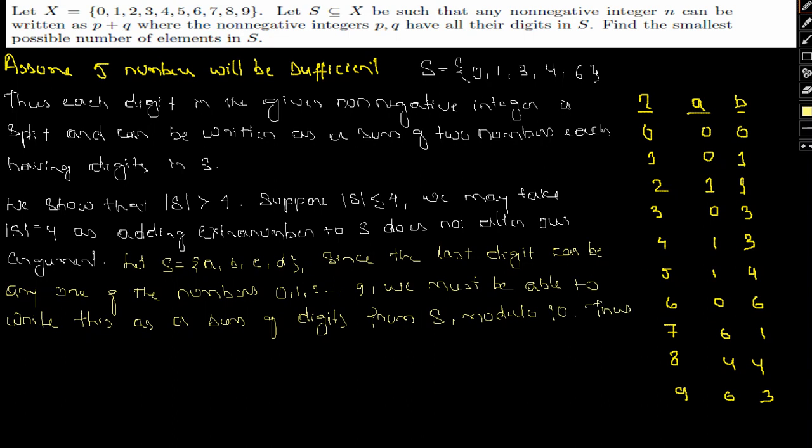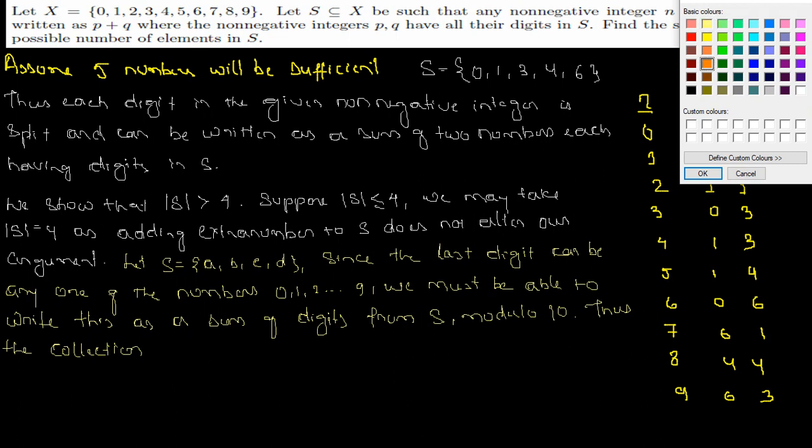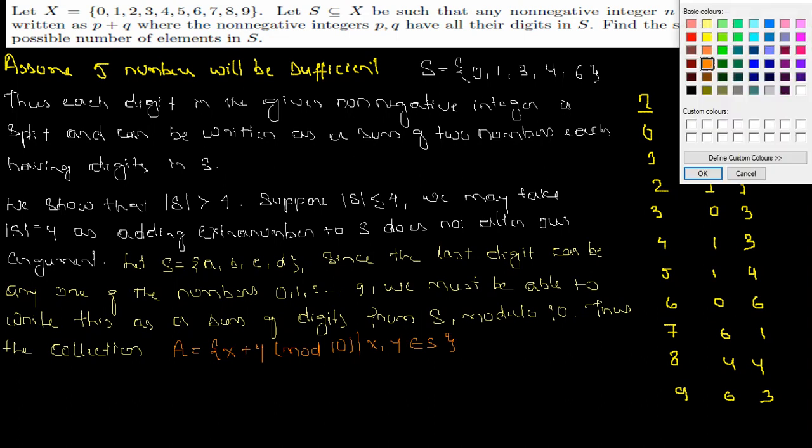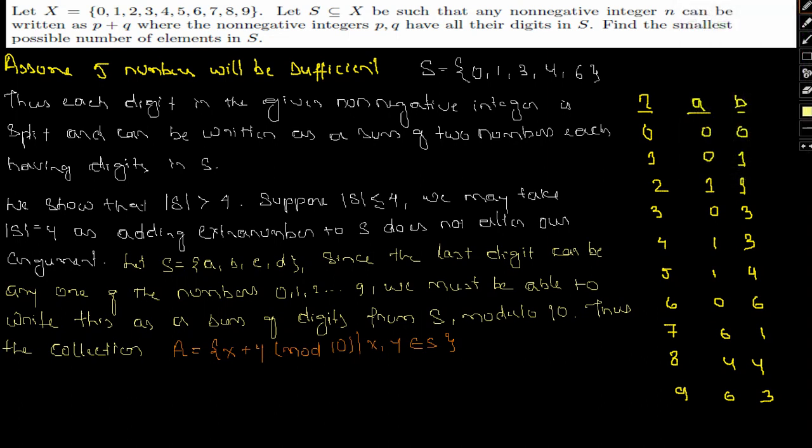Thus, what is the collection over here? A equal to x plus y mod 10, where x, y are elements of S, must contain 0, 1, 2, ... 9 as a subset.